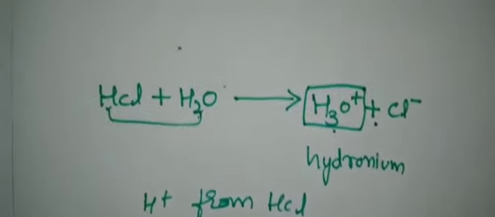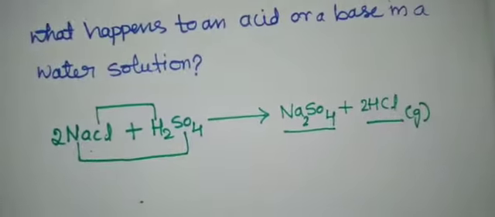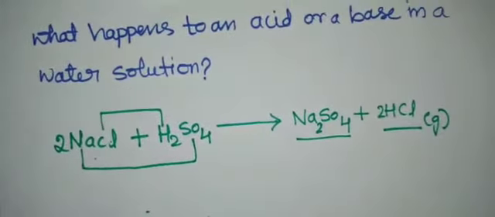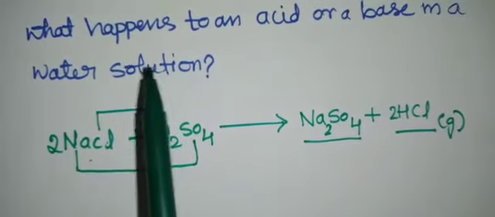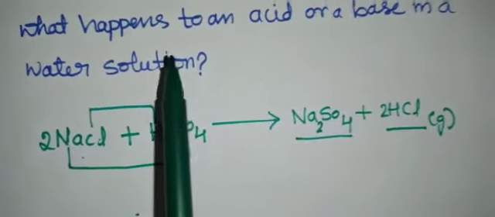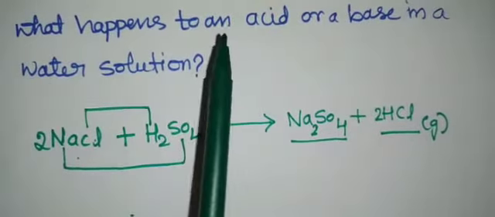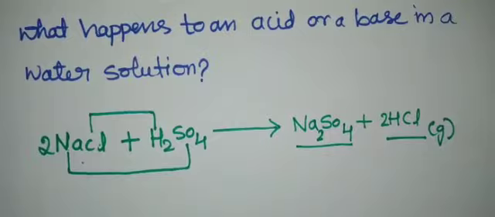So this is all about acids. This shows what ions acids give. What happens when acids react with a water solution? When acids are dry, they will not produce ions. But if they come in contact with water, it will give rise to ions. So this is the result of this experiment.